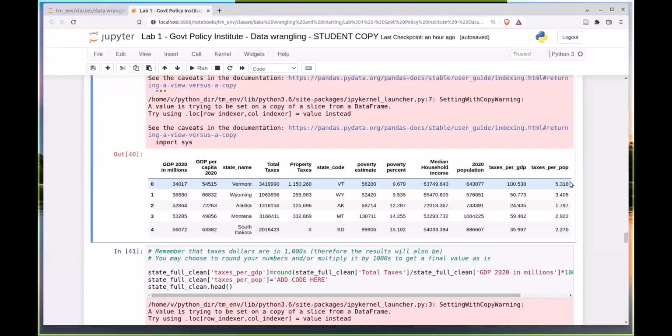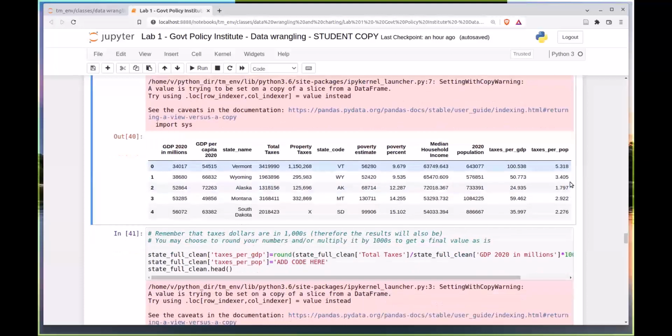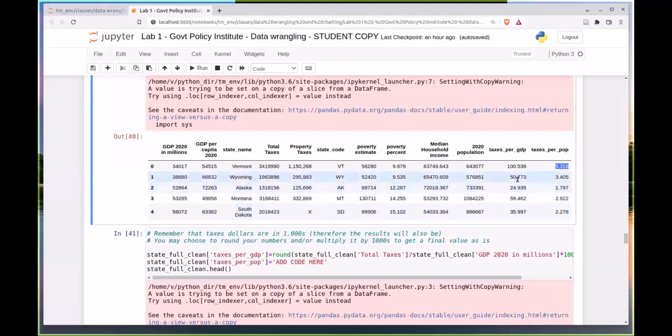Now the tax per population is easier to interpret because I know taxes is in thousands, but population is in actual numbers. So all I have to do to get the actual taxes per population is multiply by 1,000. And I actually decided to do that over here and also round the numbers, because I don't need all these decimal points. We're talking about thousands and millions, so I don't need to talk about cents.